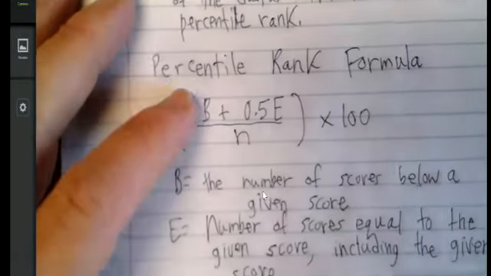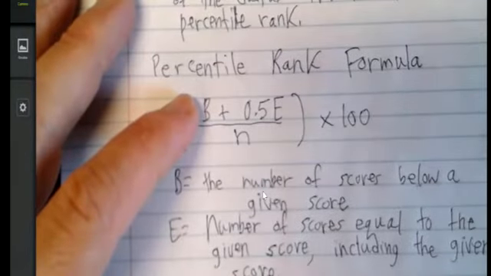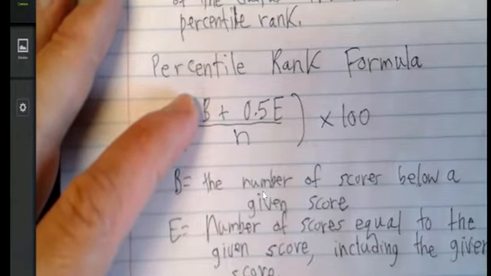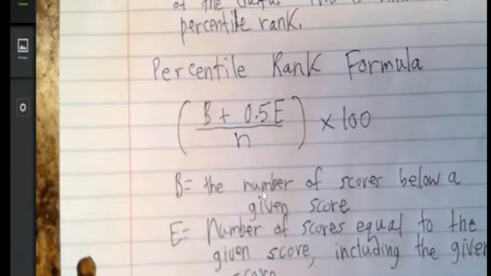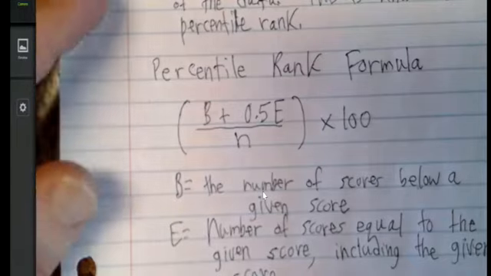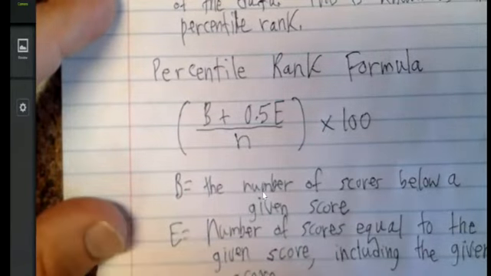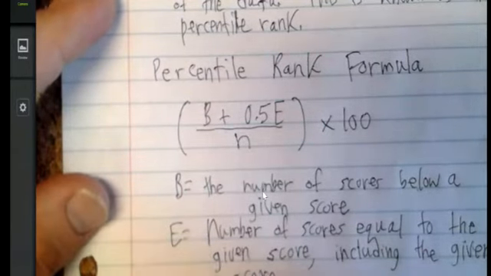So, in the formula, I need the number of numbers that are below 40. Let's find out. They've got them nicely arranged in a column, so that's easy. There's 3 of them that are below 40. 3 plus 0.5.